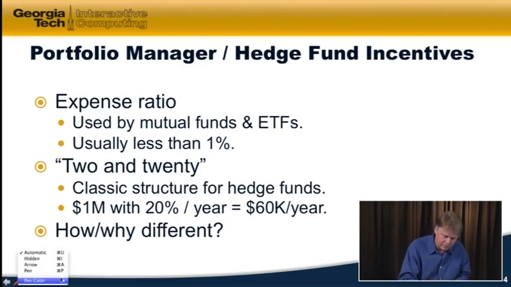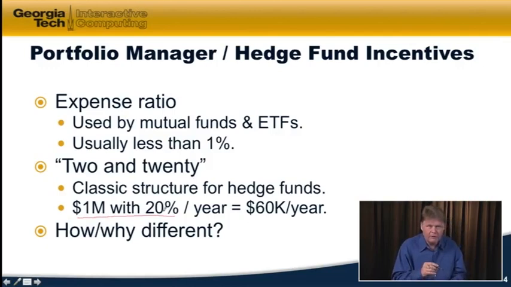Let's consider this particular example. If you're managing, say, a $1 million fund and it makes 20% in a year, that means the total compensation for the management firm is $60,000 a year. If you multiply that, say, by 100, then you're looking at $6 million per year.